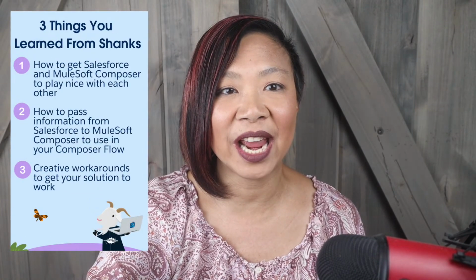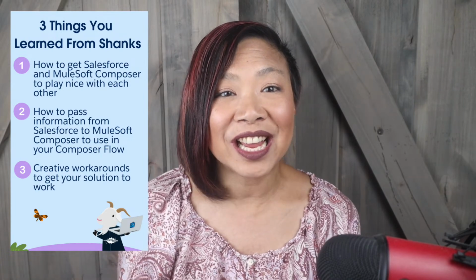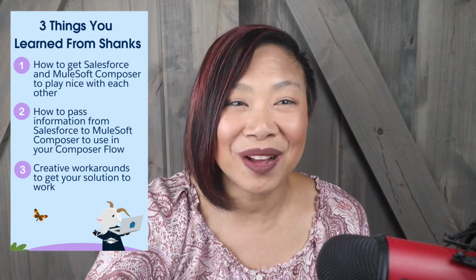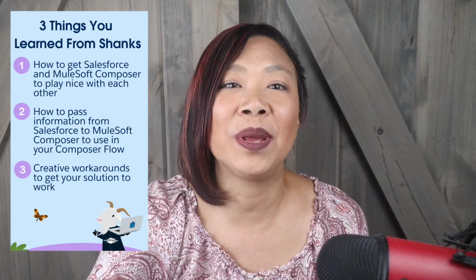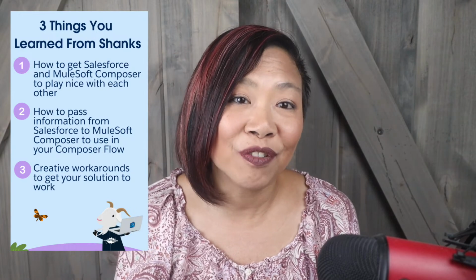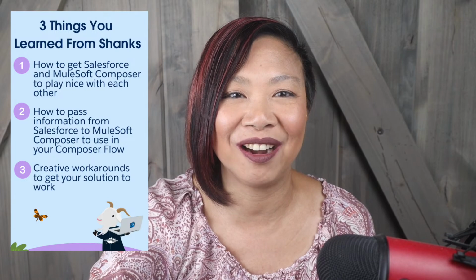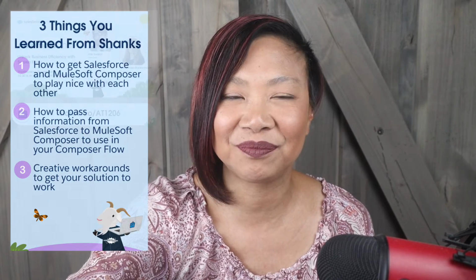And from Shanks, we learned how to get Salesforce and MuleSoft Composer to play nice with one another, how to pass information from Salesforce to Composer to be used in your Composer flow, and very creative workarounds to get your solution to work in a specific order.